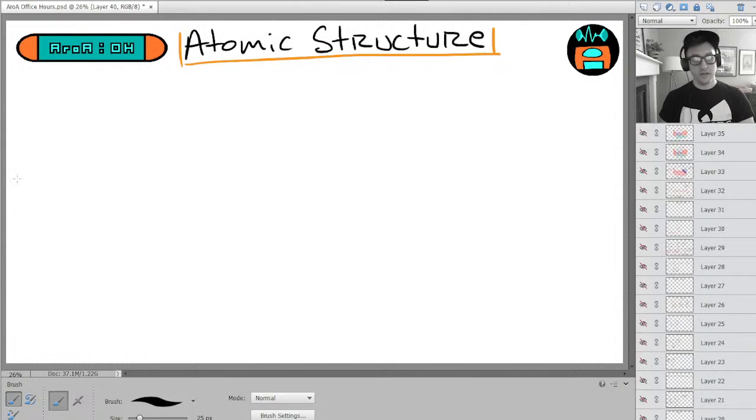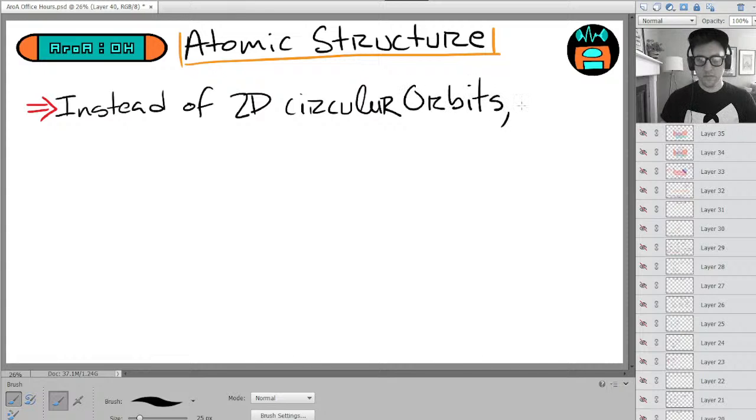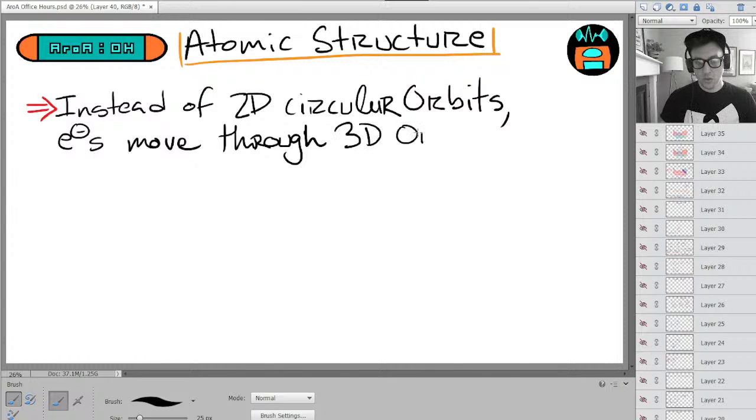And in the quantum mechanical model, one of the biggest differences is that instead of 2D circular orbits, electrons move through three-dimensional orbitals.